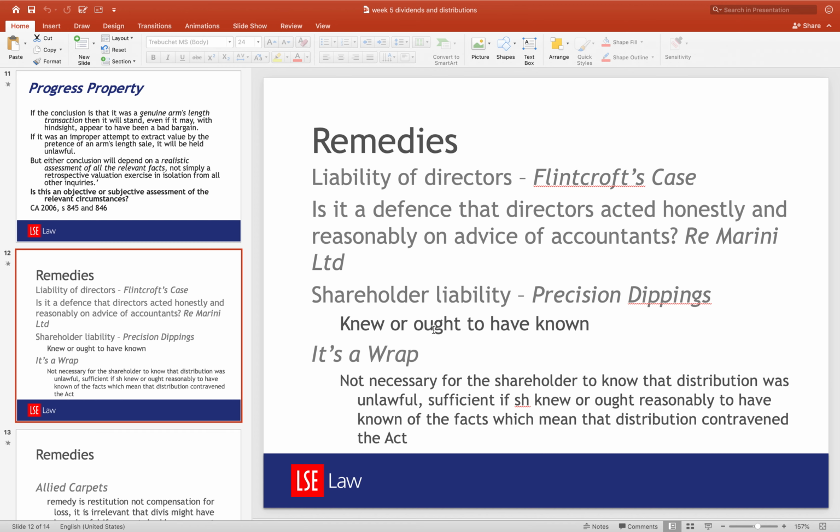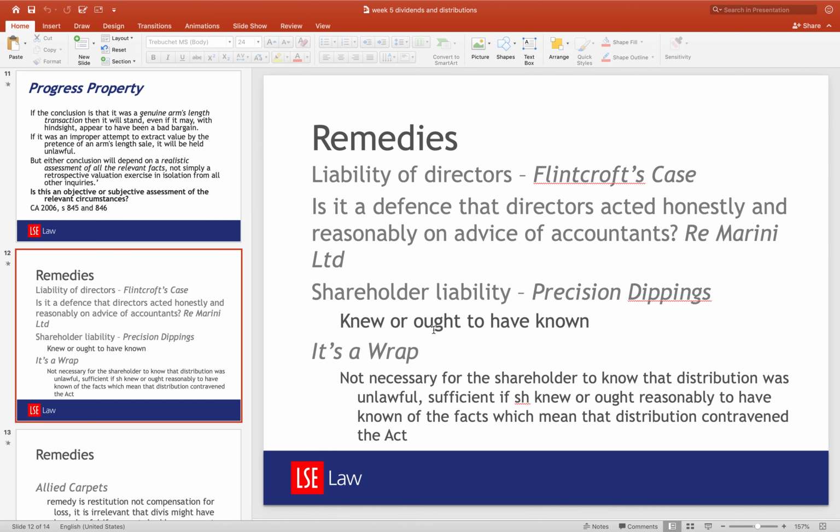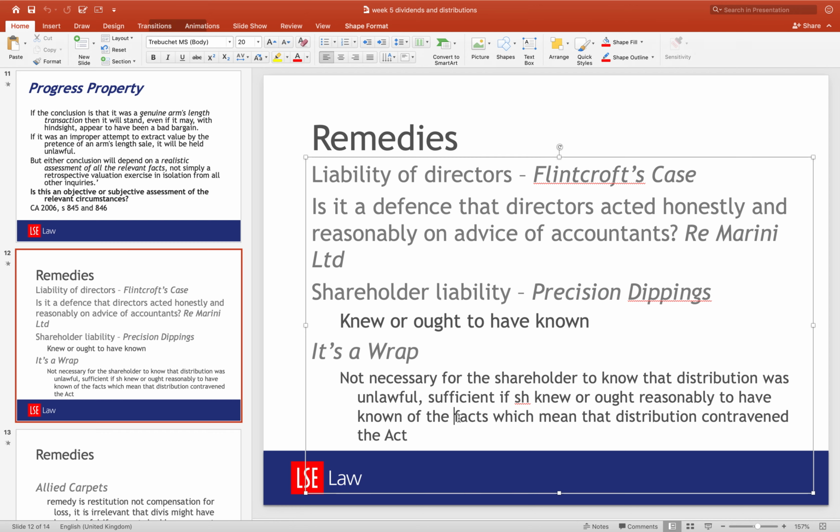And on shareholder liability, the shareholders have to give back a dividend paid to them that was unlawful if they knew or ought to have known the facts which mean that the distribution contravened the act. So they don't have to be knowledgeable of the law. You can claw back a dividend from a shareholder when they knew about the facts, when they knew, for example, that assets were not worth as much as was stated.